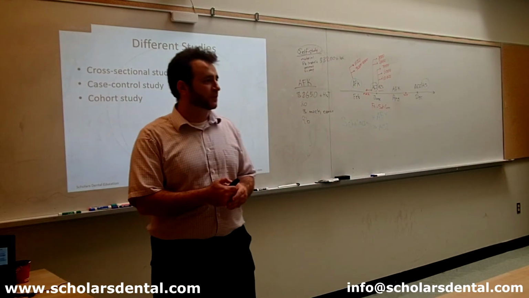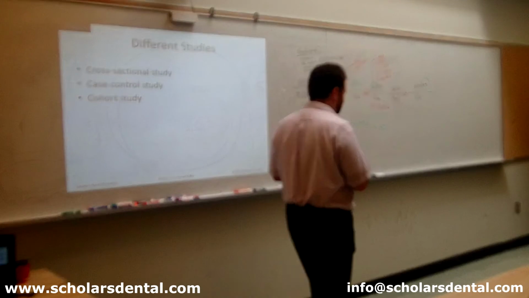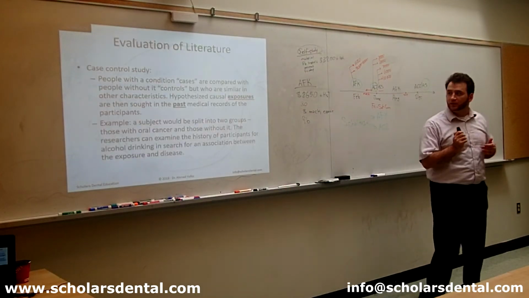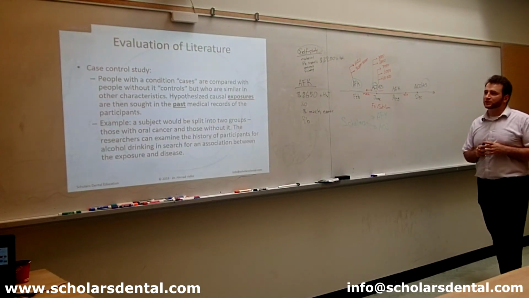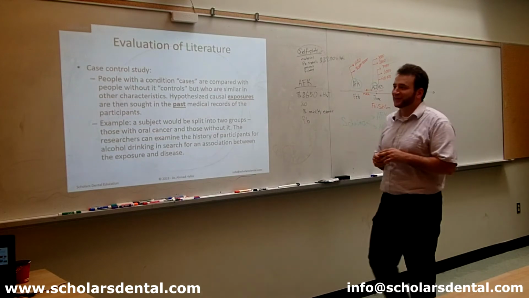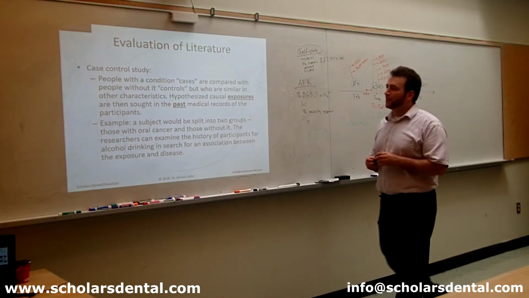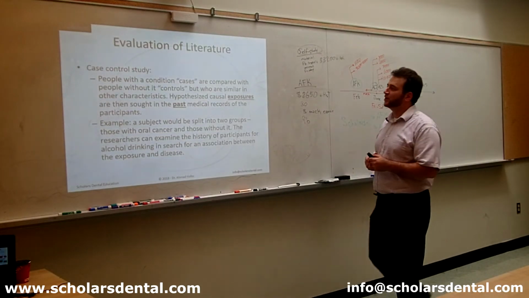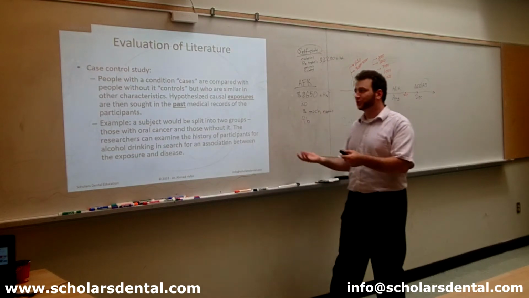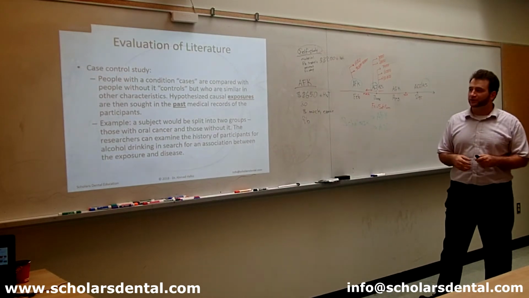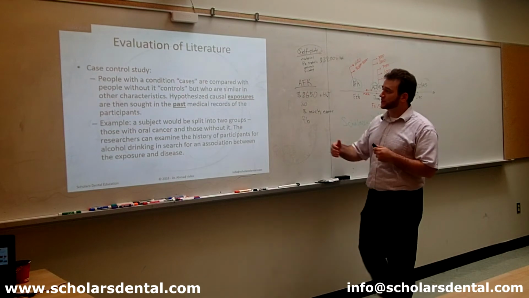Case control. Case control study. Is there even a point of reading? Right? So people with a condition, cases, are compared with people without it, controls, but who are similar in other characteristics. And then hypothesize causal exposures.